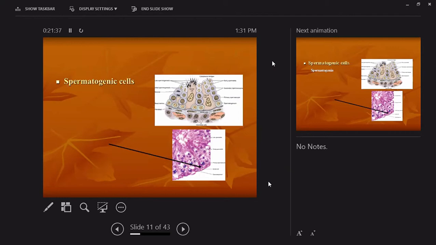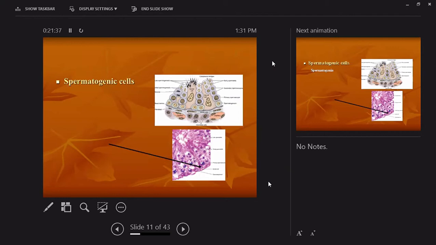So this is in your book. You can just follow this up. It's spermatogenesis. You have your type A. We talk about type A dark spermatogonia developing into two. There will be type A pale spermatogonia.